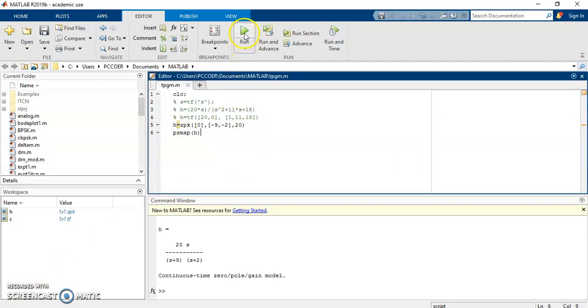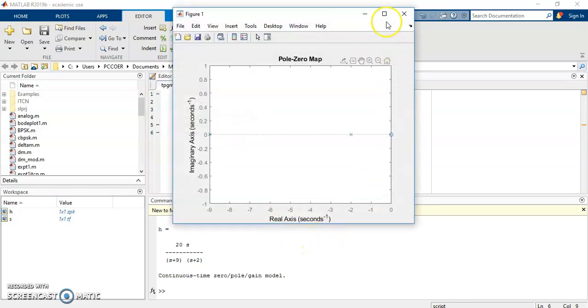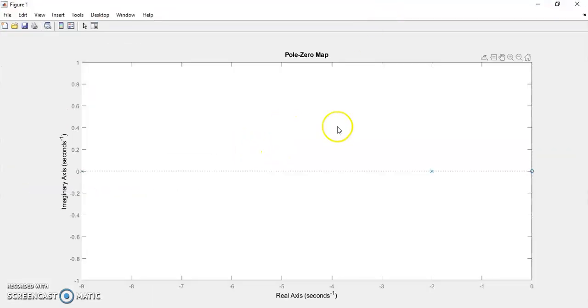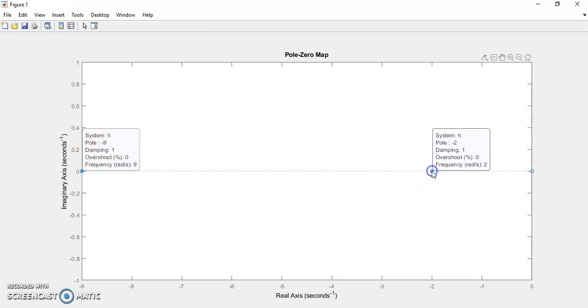We will run this and see the mapping of poles and zeros. You can see here this cross mark indicates the pole. If you click here, you can see the value of the pole is minus 9. Here there is one more pole whose value is minus 2, and there is only one zero which is located at the origin.